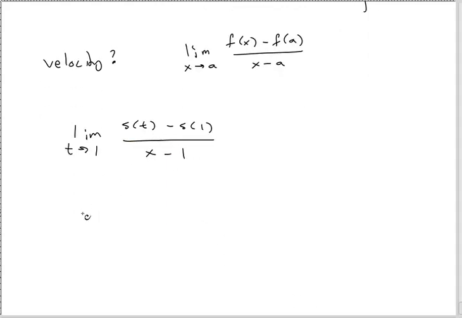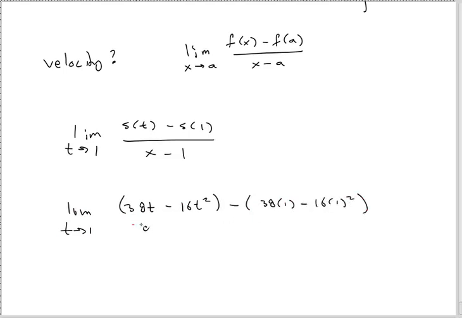And so I have my function, which would be 38t minus 16t squared, minus s of 1. So now I'm just going to plug a 1 in, so 38 times 1 minus 16 times 1 squared, all divided by t minus 1. I don't know why I put an x; it's supposed to be a t here.